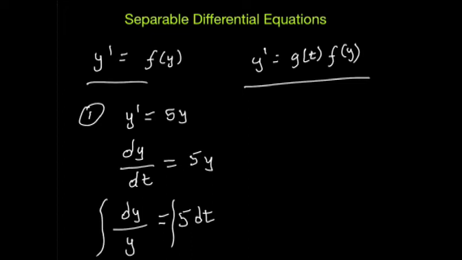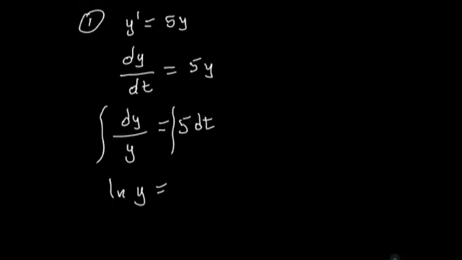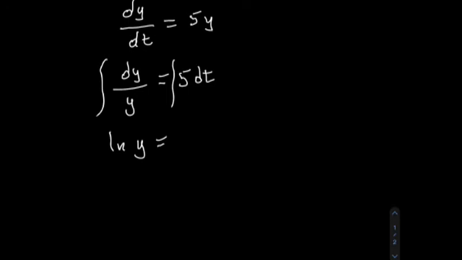Sorry if my integrals look weird, but let's continue. If we integrate this, the answer is ln of y equals the integral of 5 with respect to t, which is 5t, and don't forget the constant, plus c. Then we can solve for y.